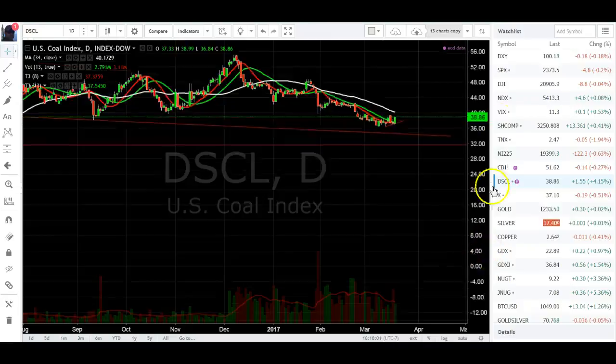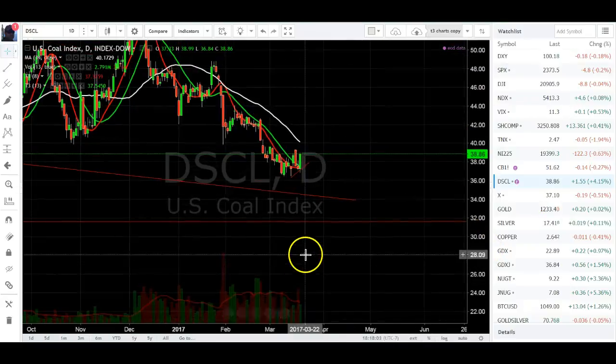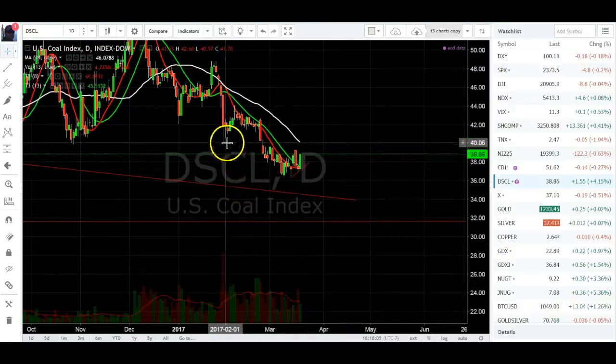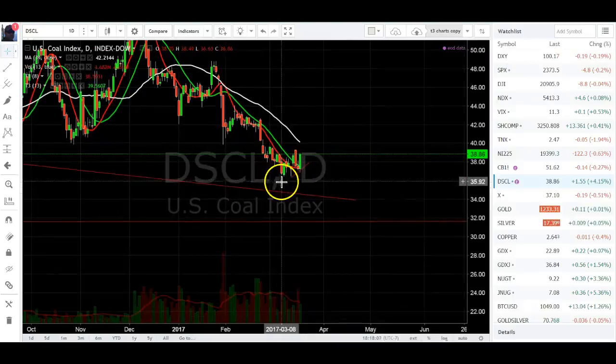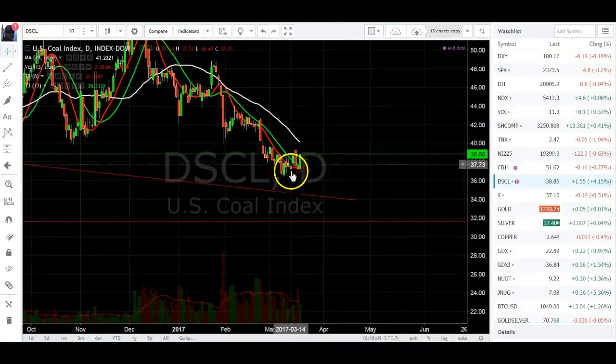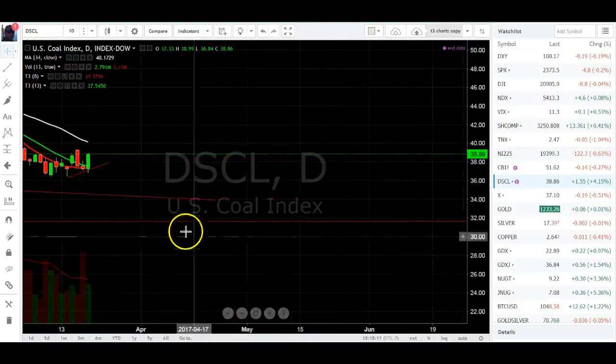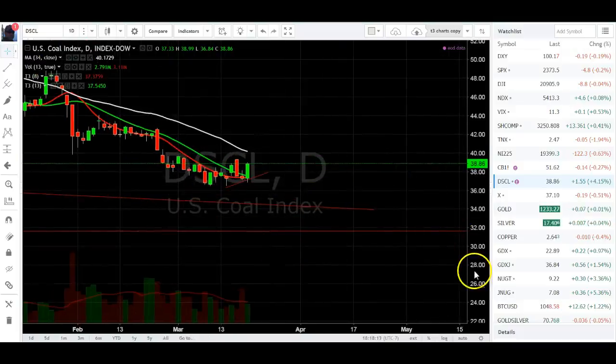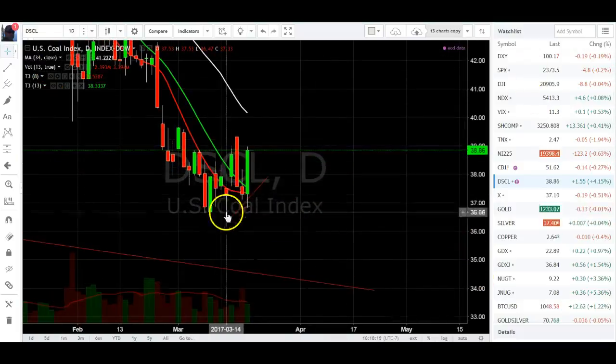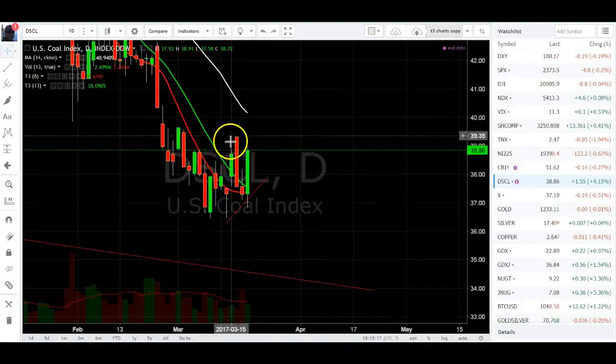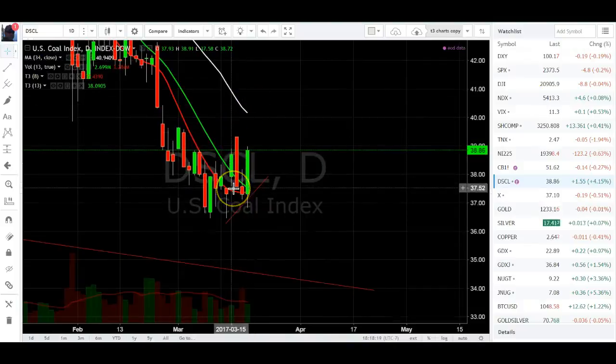Looks like it just had to gather its legs as the daily looks bullish now. Coming across the first lines of support or resistance. Came into resistance, made a nice little reversal bar right there. Look at the gap through. Gapped open, closed all the way in.